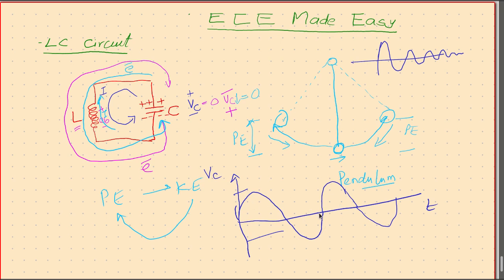It keeps on producing indefinitely a sinusoidal signal whose radial frequency is given by 1 by root LC, or f is given by 1 by 2 pi root LC. So depending on the value of L and C, we can create oscillations. So that's the foundation of generating oscillations.